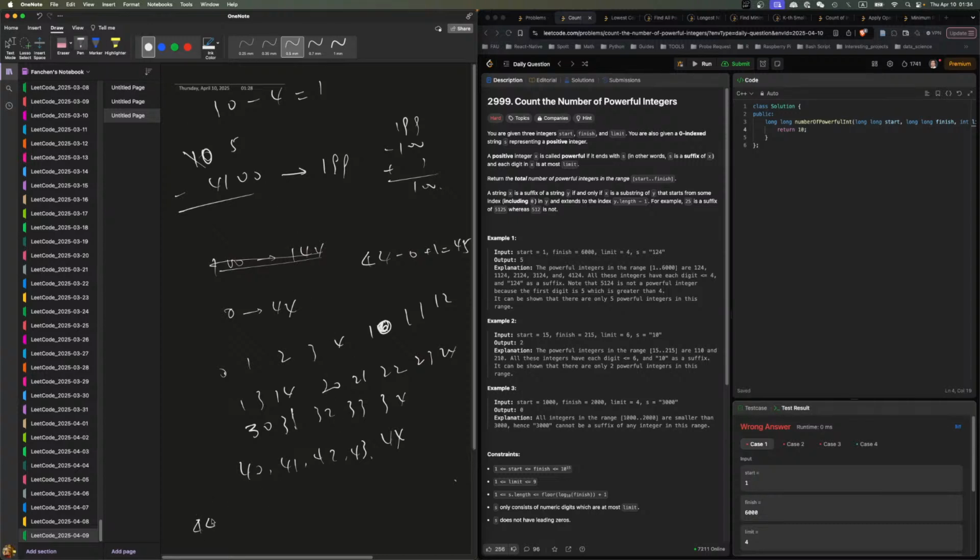So I want to do 44 minus 20 plus 1. Okay, so 44 equals 4 times 5 plus 4. 20 equals 2 times 5 plus 0. So this is 24. This is 10. So this minus this, it should be 15 in total. We can count. 1, 2, 3, 4, 5, 6, 7, 8, 9, 10, 11, 12, 13, 14, 15.